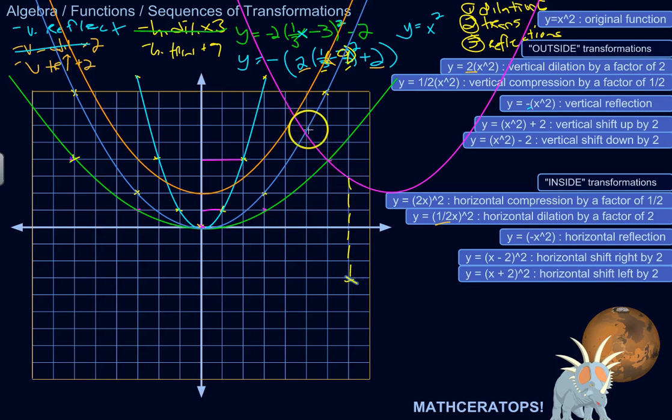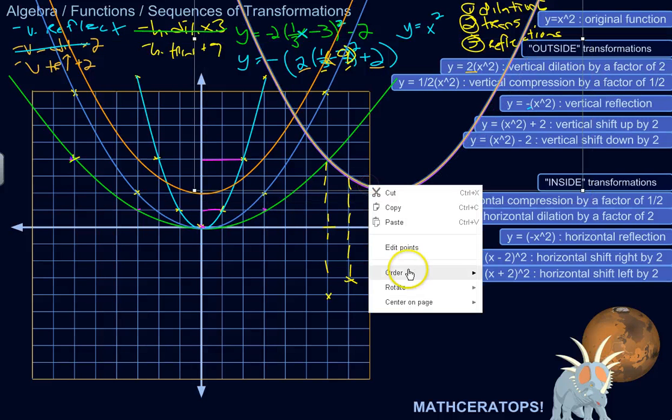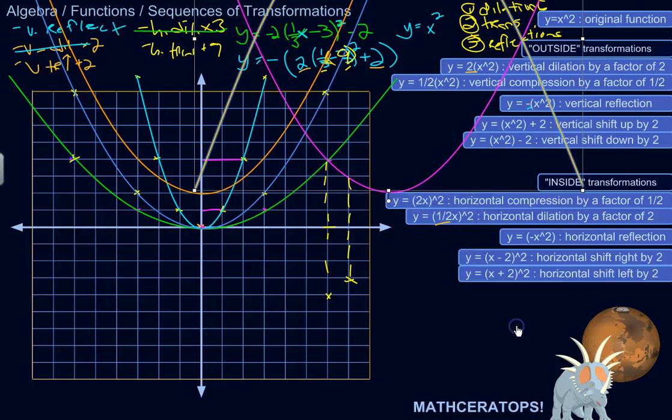Let's say, where's another? I'm kind of off the screen here. If this is 4 units away, 1, 2, 3, 4, then it would be 1, 2, 3, 4 in the other direction. And then what you'll get when you do that is, I'll just take this and flip it vertically.